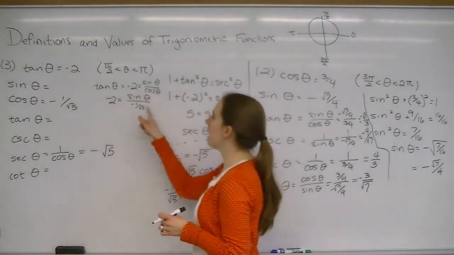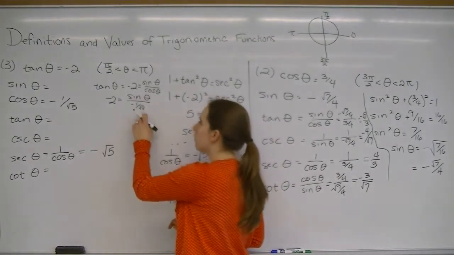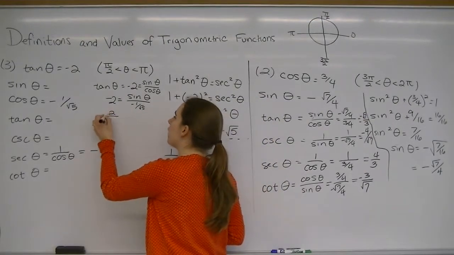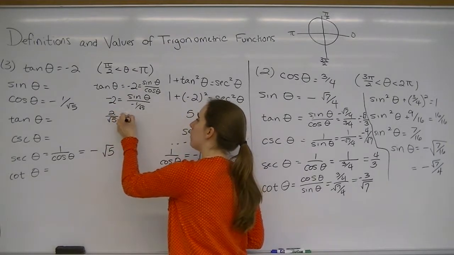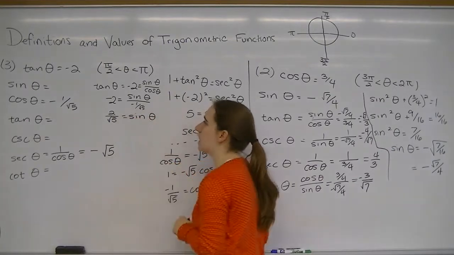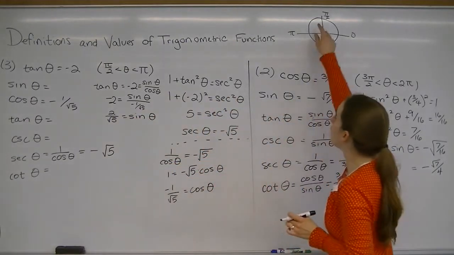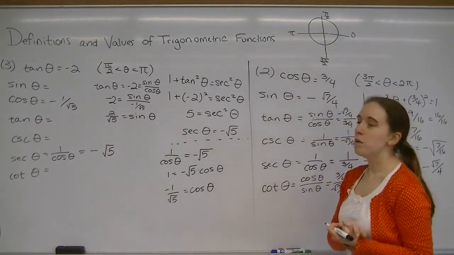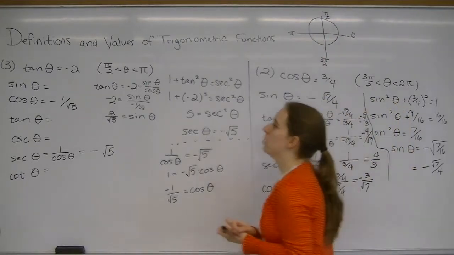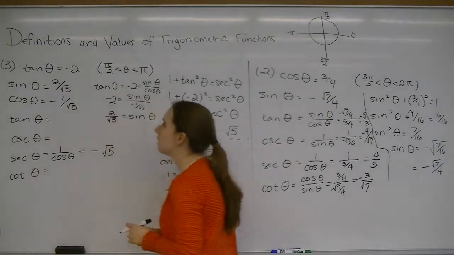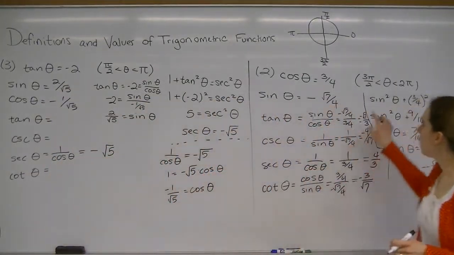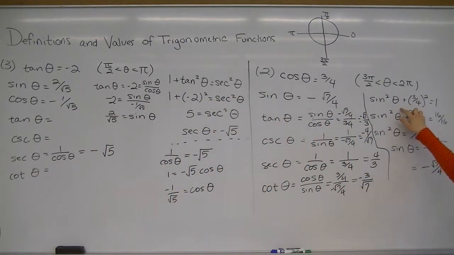So if I multiply on both sides by -1 over the square root of 5, I have negative times a negative, so I get a positive, which is what we were expecting for sine. Remember, we said sine was positive here. And we get 2 over the square root of 5. So there's our sine value. Again, if you went through and used the sine squared plus cosine squared identity, that would get you the exact same thing.